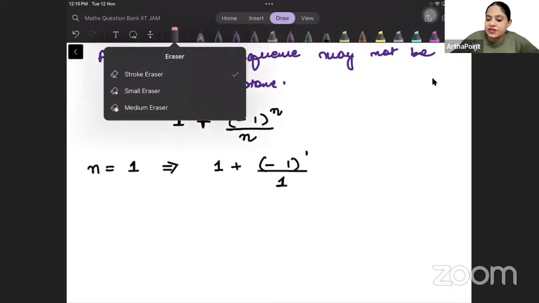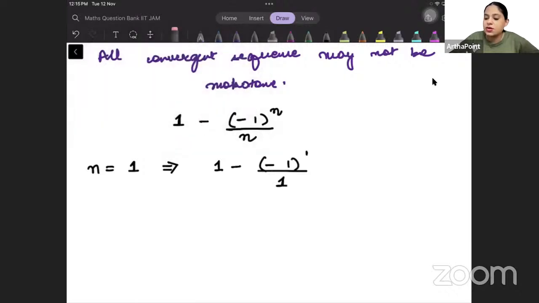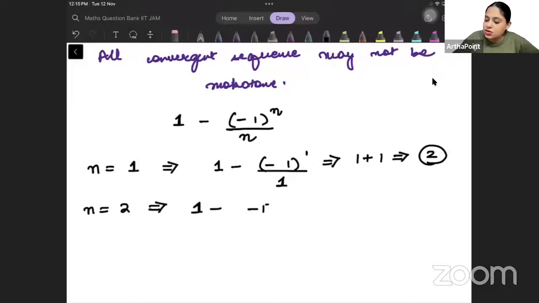Now, let's take a negative sign only here. So this will give me 1 plus 1, that means 2. Now, let's say I take n as 2. I'll get 1 minus 1 to the power 2 by 2, 1 minus half, I'll get half.